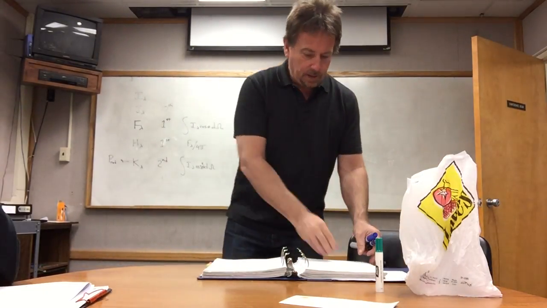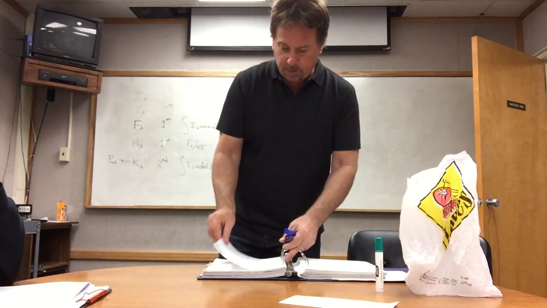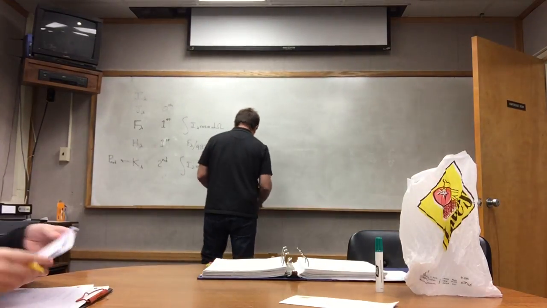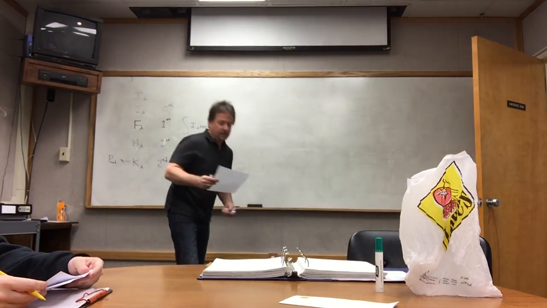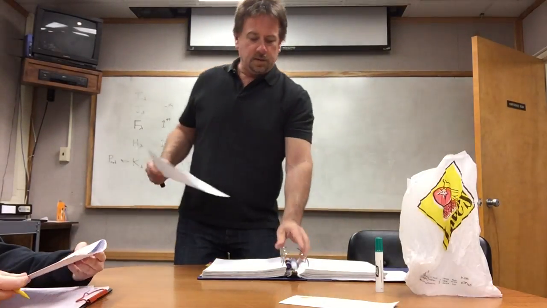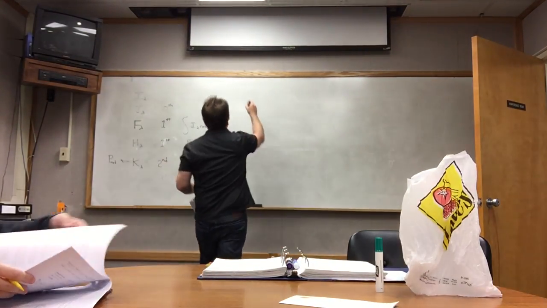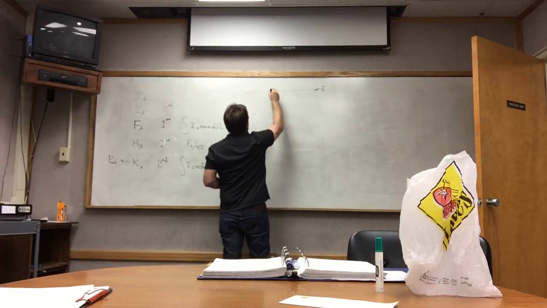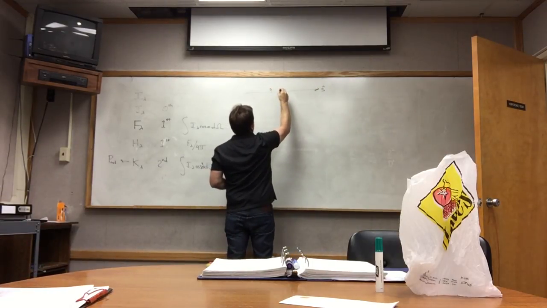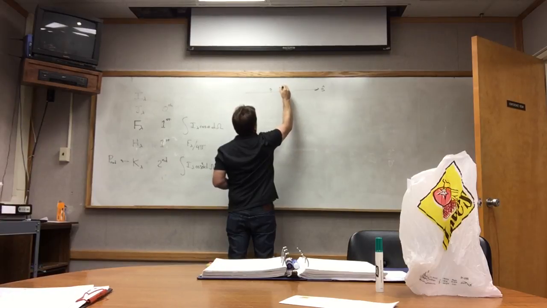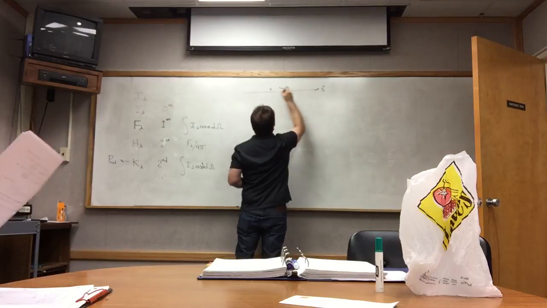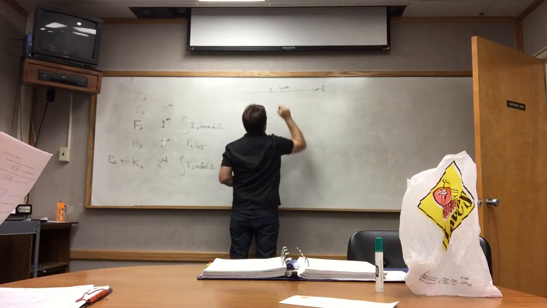Okay, so now let's talk about the transfer equation just for a bit. Basically we're going to have some kind of line of sight, with two points that we're going to think about.